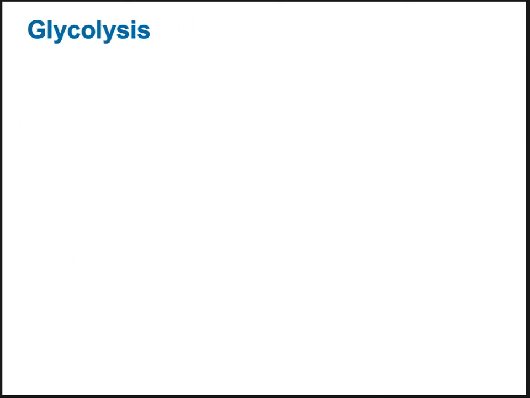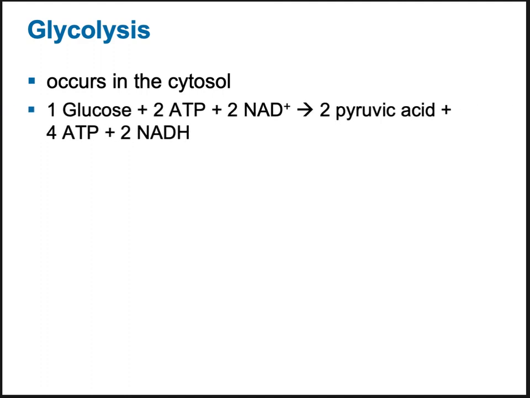Okay, so glycolysis, as I mentioned, is taking a glucose into the cytosol, right? So glucose has to get transported across the membrane through a channel, right? And then you will split it in half. Okay, so glucose is a 6-carbon sugar, and you're going to split it in half, and you'll end up with 2 pyruvic acid molecules, which each have 3 carbons.